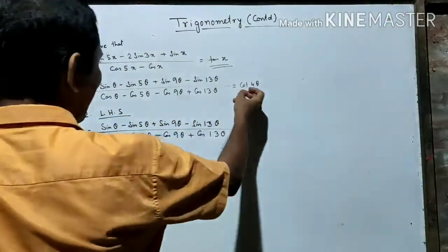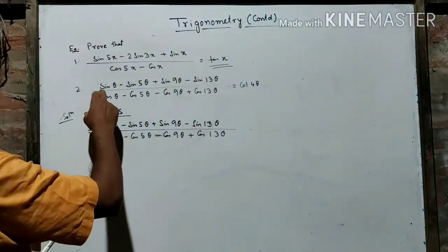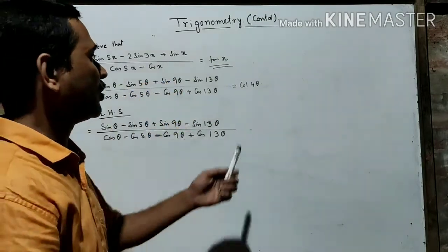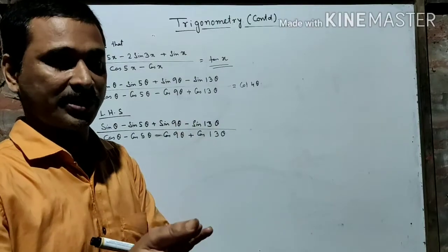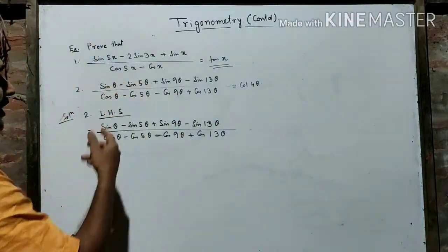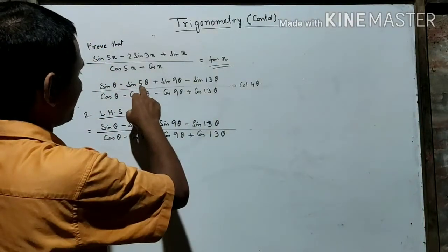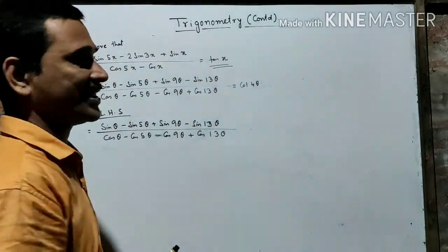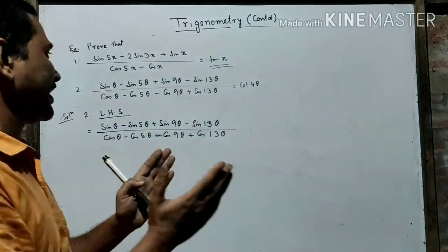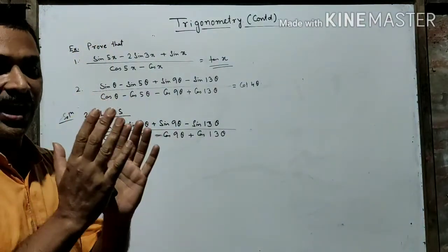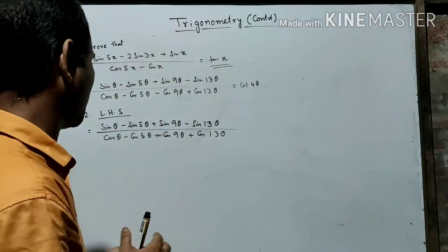So here the angle is 4 theta and the difference of theta and 9 theta is 8 theta, which is double of 4 theta. Either the sum or the difference. So here the difference works, and the difference of 5 theta and 13 theta is 8 theta, which is again double of 4 theta. So we will take together sin theta, 9 theta and 13 theta, 5 theta together.